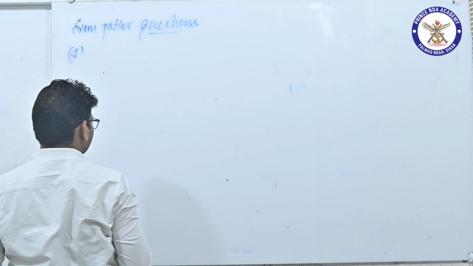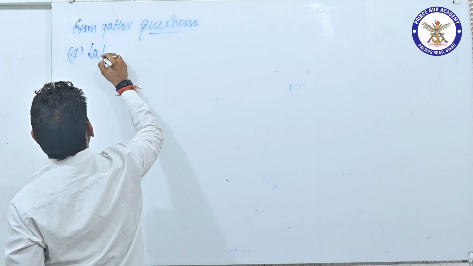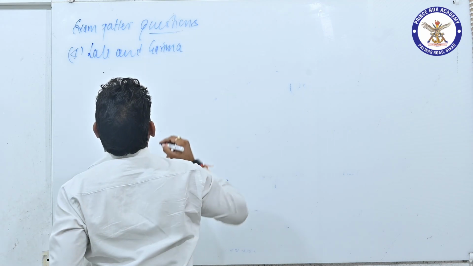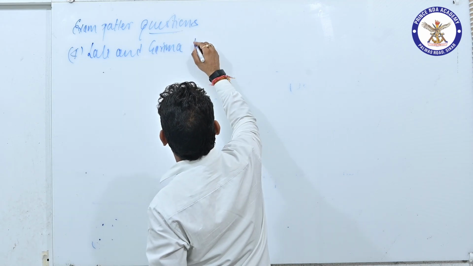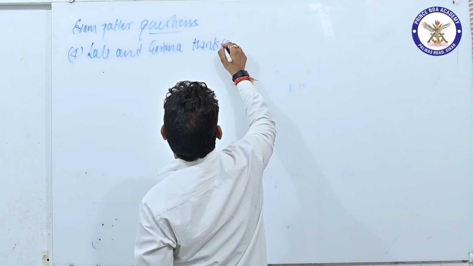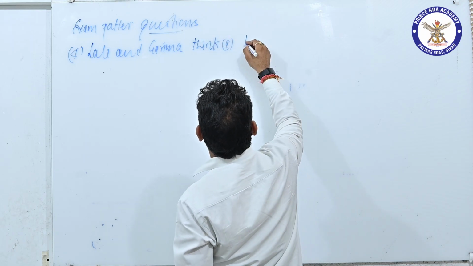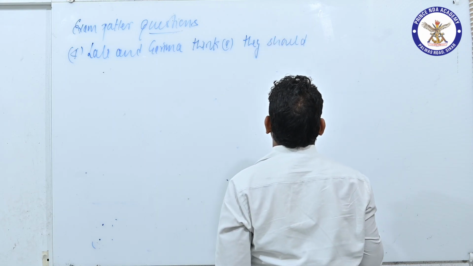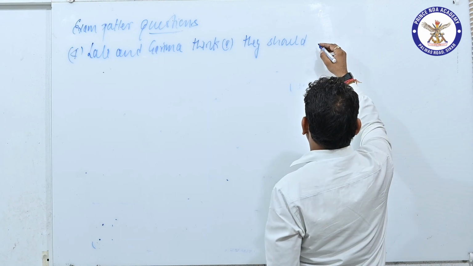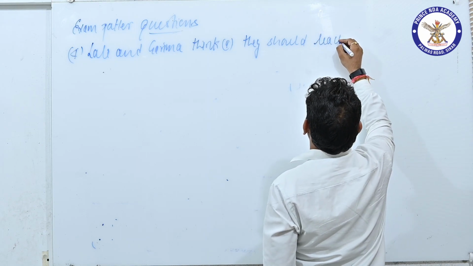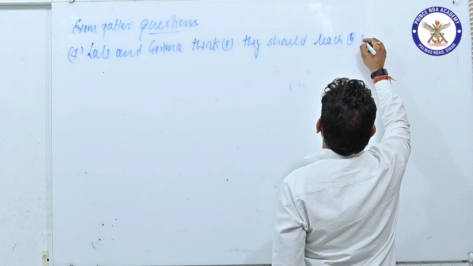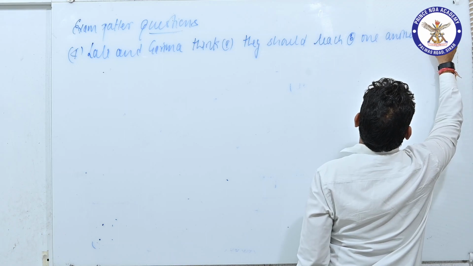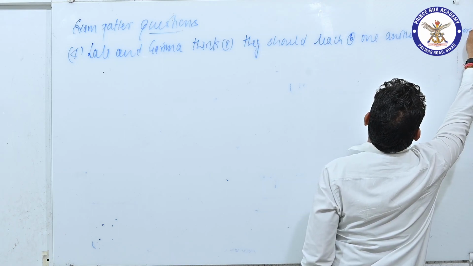Number 1, Lali and Garima think they should teach one another, no error.